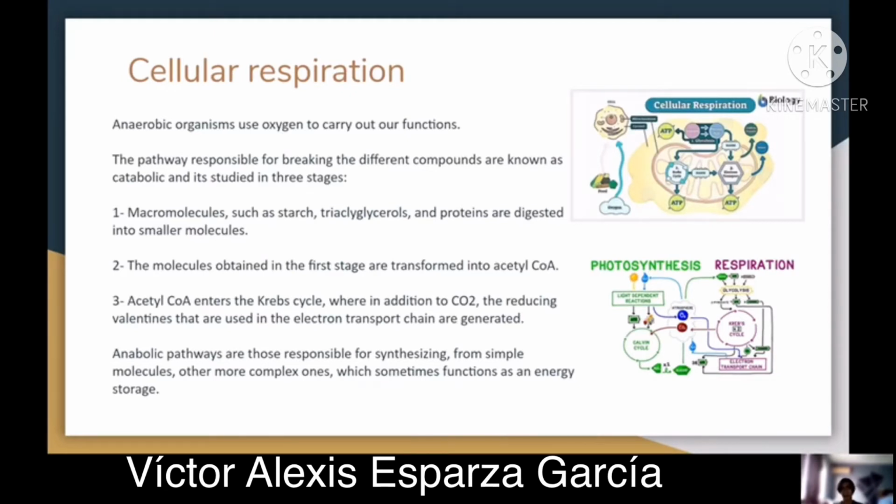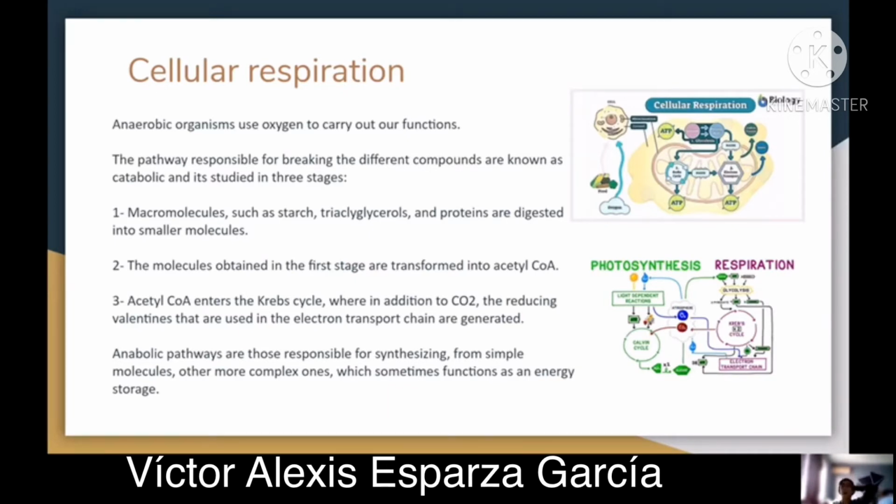The pathways responsible for breaking down different compounds are known as catabolic, and they are studied in 3 stages. First, the macromolecules, such as polysaccharides, triacylglycerols, and proteins, are digested into smaller molecules. Second, the molecules obtained in the first stage are transformed into acetyl-CoA.